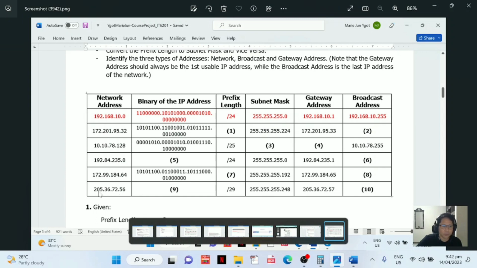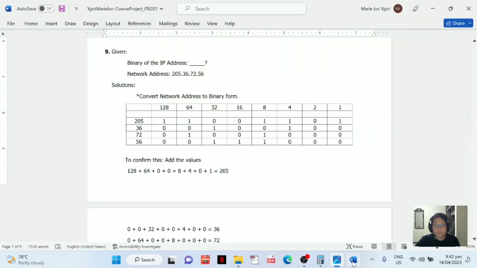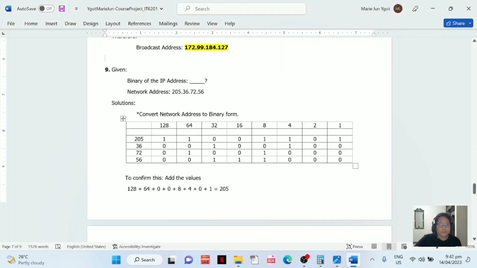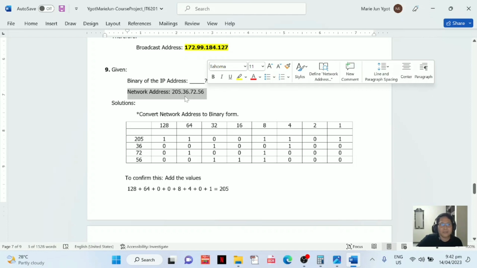So we need our network address or the IP address. This one is 205.36.72.56. Okay, so we're given the network address. This is all we need.